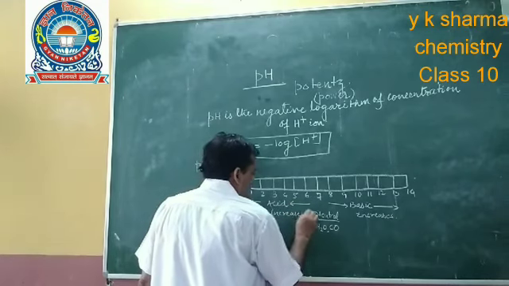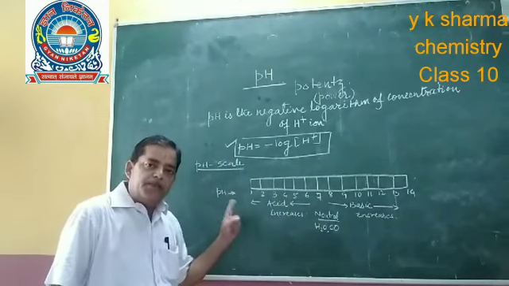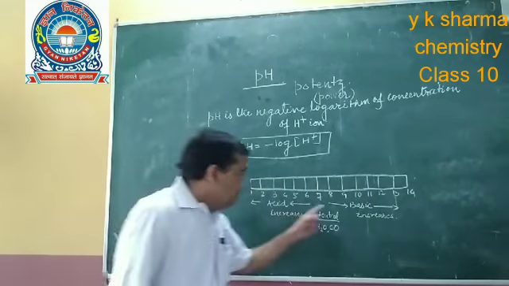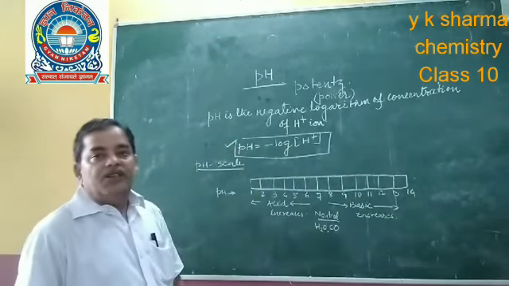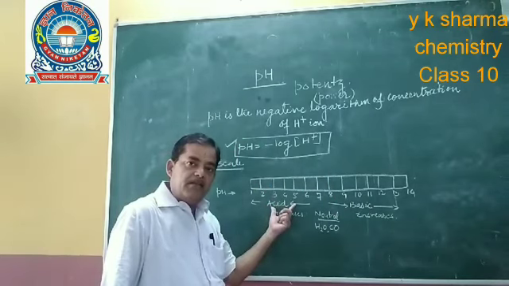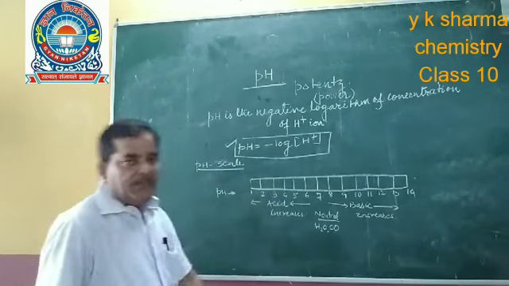In other words, if the H plus ion concentration decreases, the basic character increases, and if the H plus ion concentration increases, the acid strength increases.